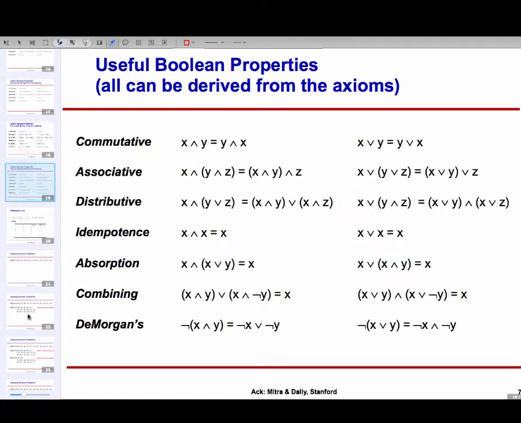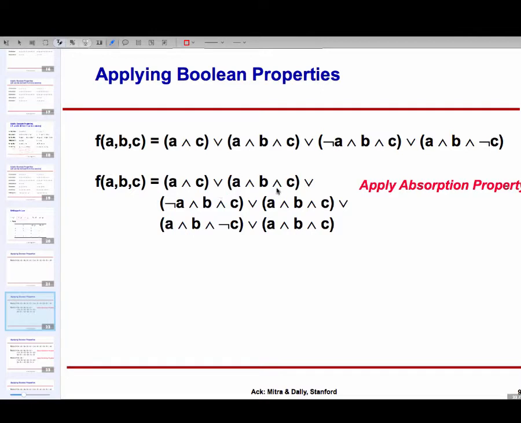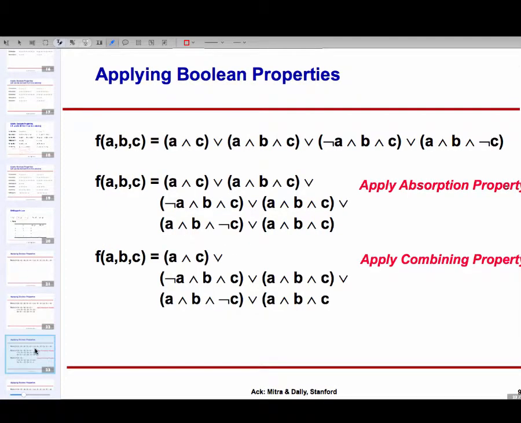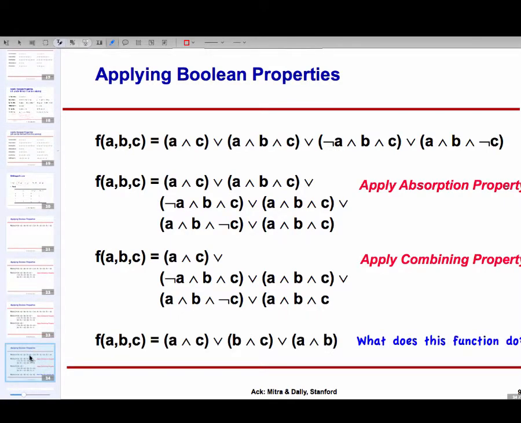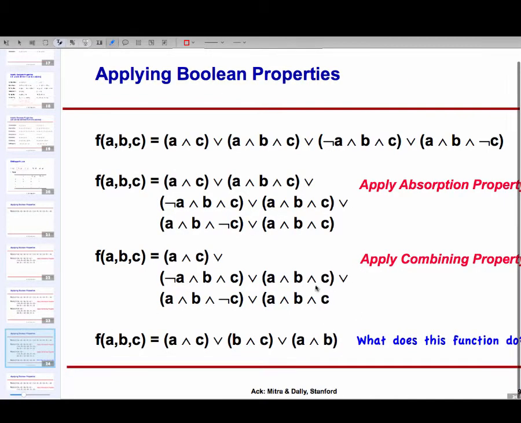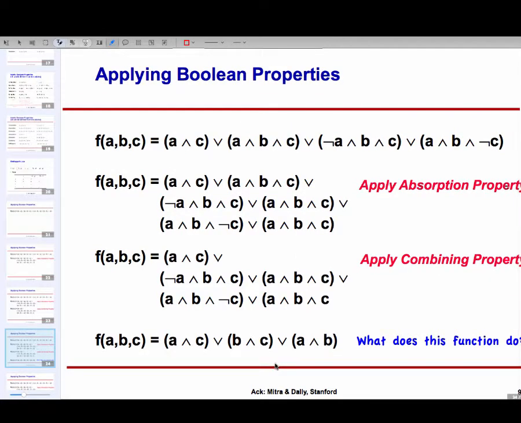It's that property that we are making use of here to simplify things. We apply the combining property, and then we simplify further, and we end up with this function. And this function, if you recall, is our good old majority function. So we started with something complicated looking, and we ended up with the majority function.